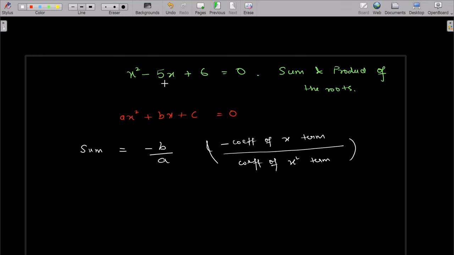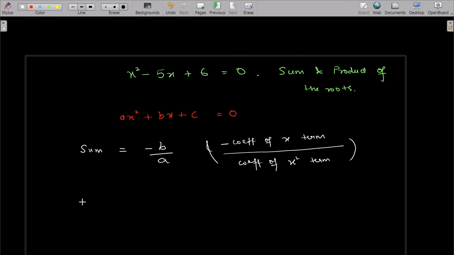If you look at this quadratic equation, negative b over a would be negative of negative 5 over a, which is 1. So that's 5. That's a shortcut you can use to find the sum.